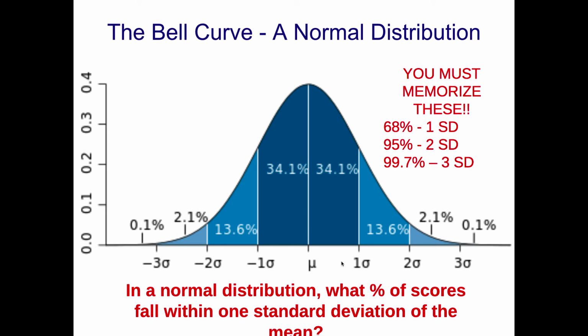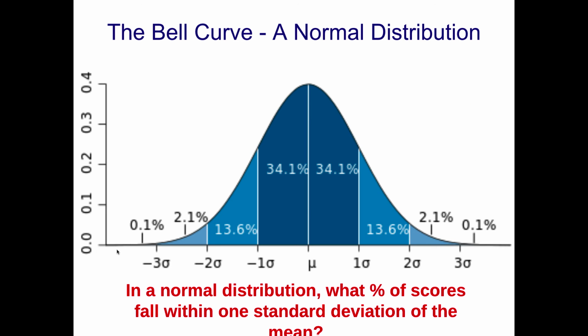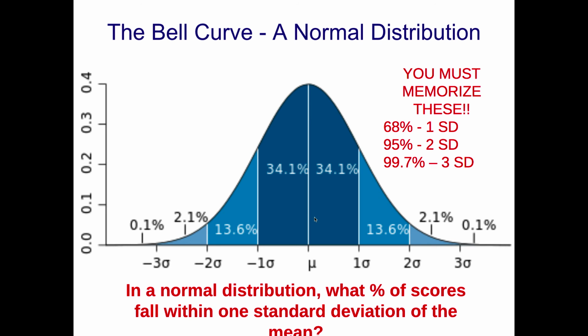Over here, down here, you see one standard deviation, two standard deviations, three standard deviations above the mean, 1, 2, 3 standard deviations below the mean. 99% of scores are going to fall within 3 standard deviations of the mean. And anybody down here who's outside of that range, we would consider to be what we call an outlier. You need to memorize this breakdown for a normal distribution.